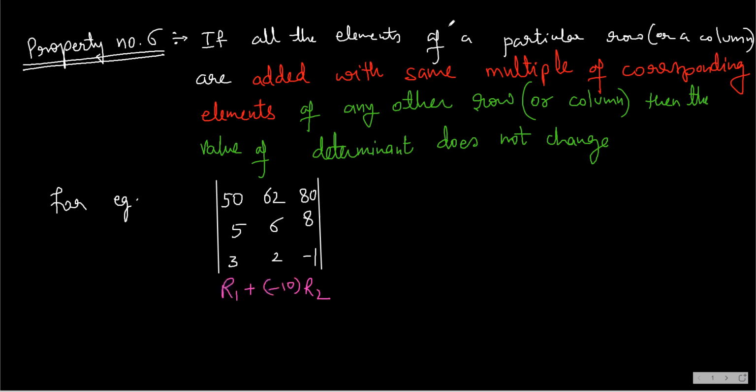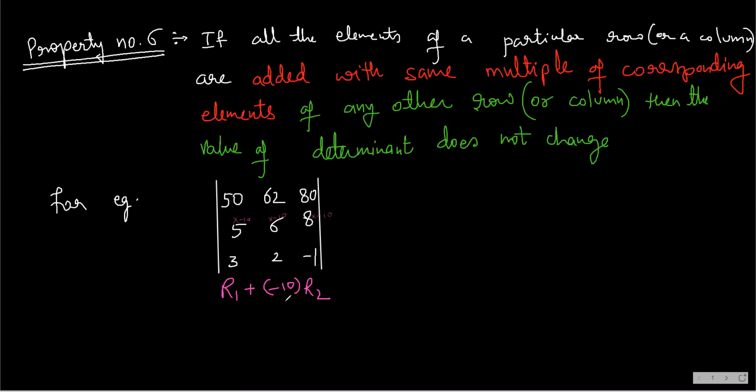I will multiply minus 10 in all the elements of R2. So see here, 5 into minus 10, then 6 into minus 10, and 8 into minus 10.